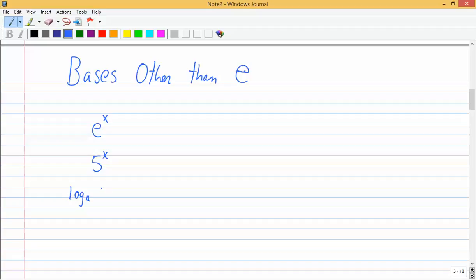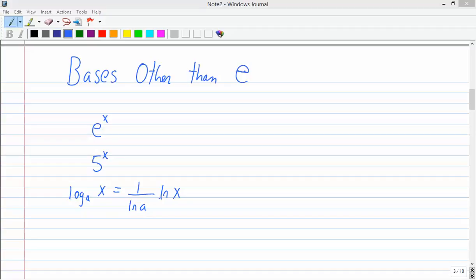If we have log base a of x, that's the same thing as 1 over the natural log of a times the natural log of x. So you can always rewrite a logarithm with a base other than e in terms of natural log.